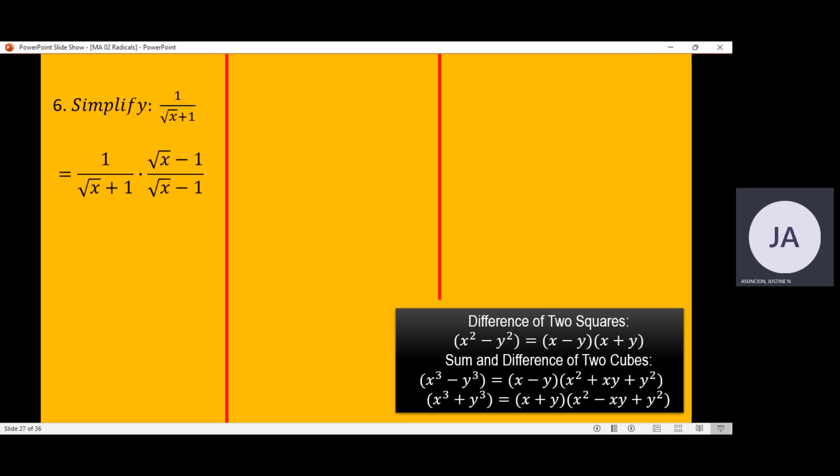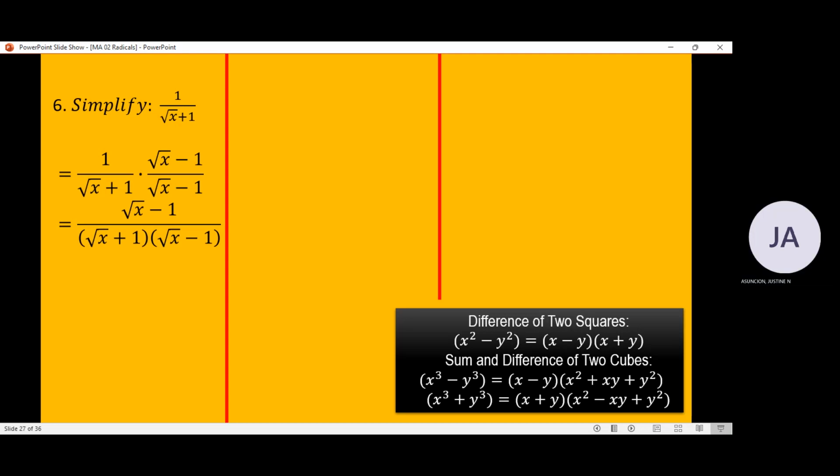So here in this case, we multiply the numerator and denominator by square root of x minus 1. Because square root of x times square root of x, that's x, right? And then 1 times negative 1, that's negative 1. And then we don't have the middle term. The middle term will be eliminated. So square root of x minus 1 all over the quantity of square root of x plus 1 times the quantity of square root of x minus 1, or simply x minus 1.